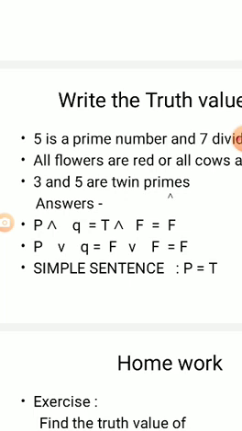Now 5 is a prime number, a statement with truth value T, and 7 divides 94. Is it true or false? Number 94 when divided by 7, is it divisible? No, it is not divisible. So its truth value is F. 84 is divisible by 7, but not 94.